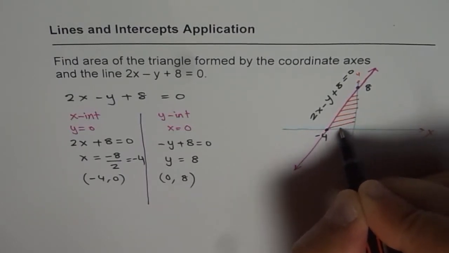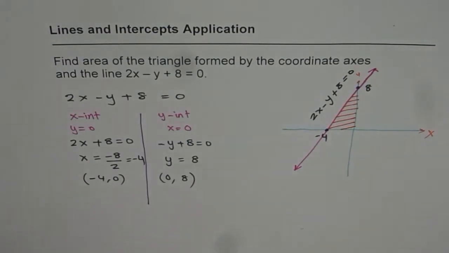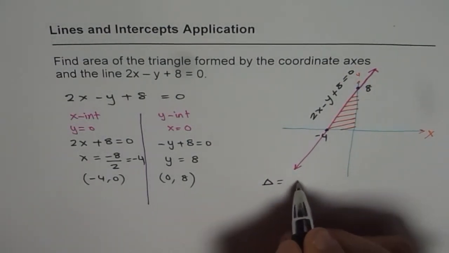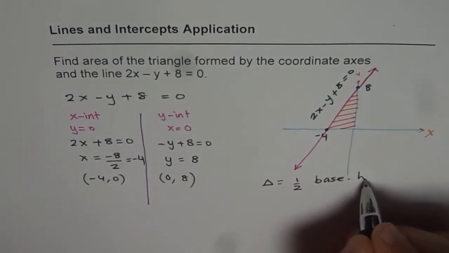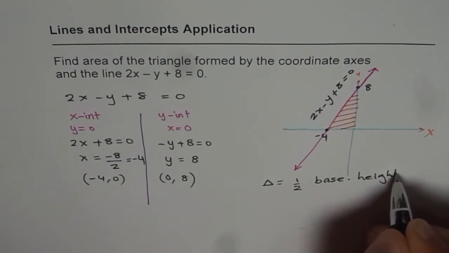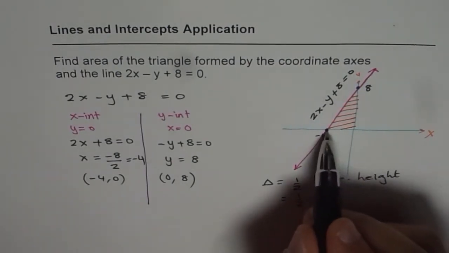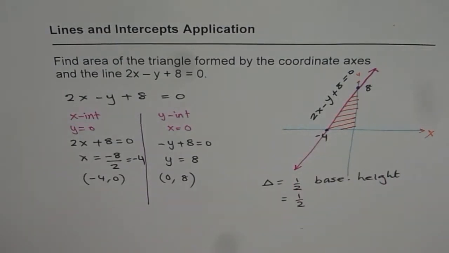Now the area of the triangle is half base into height, right? So the area of the triangle equals half base times height. Now what is the base for this triangle? The base of the triangle indeed is the x-intercept value, but always positive, right?